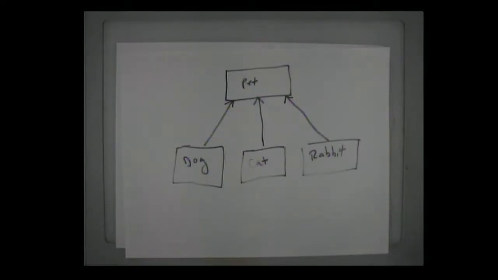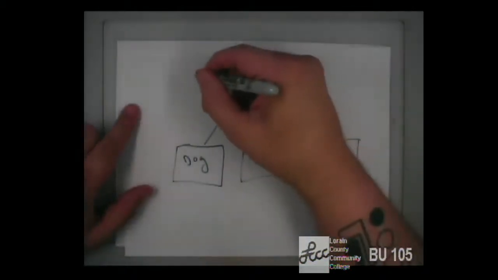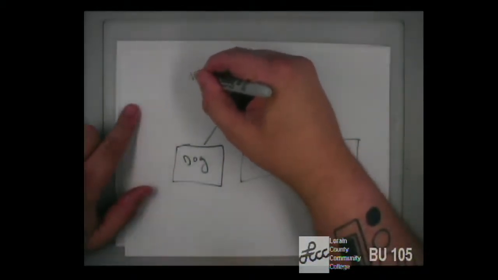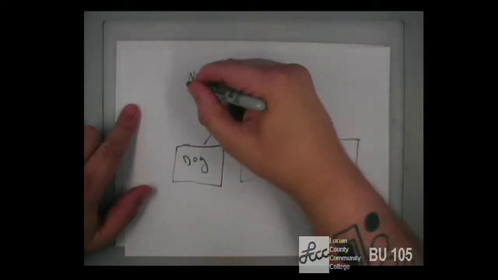So that's valid. Are there some things that all pets share in common? That's from a veterinarian's perspective. Yeah. All pets are going to have a name, I would think. All of them are going to have the day that they were born.